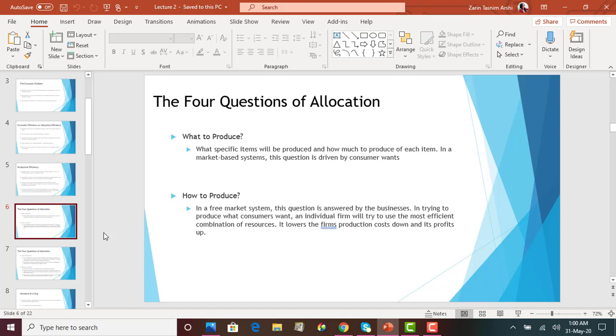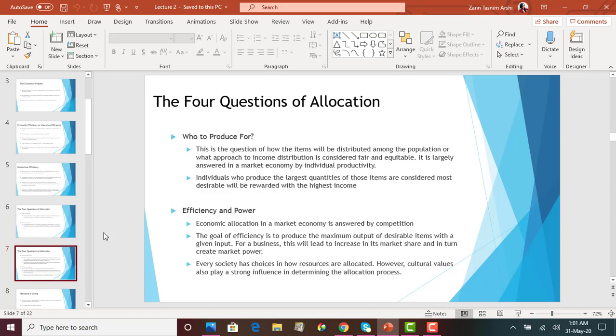Basically producers, once they know what the demand is, will bring the different factors of production, land, labor, capital, and entrepreneur, under one roof, or combine them efficiently in the correct amounts, and then they will produce the good. The third question is who to produce for.